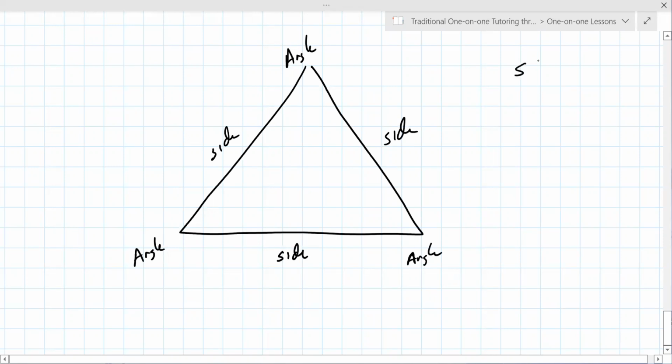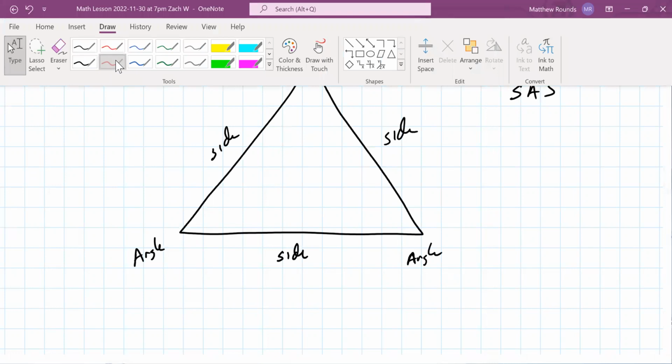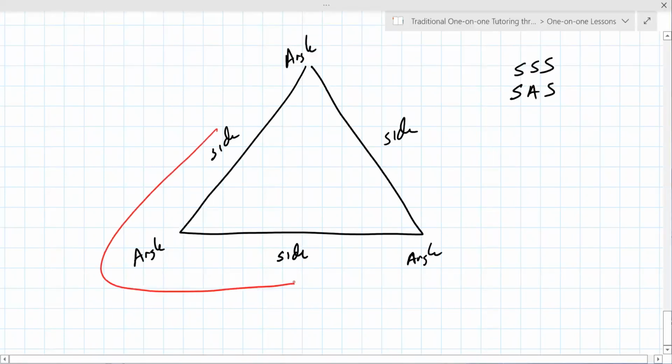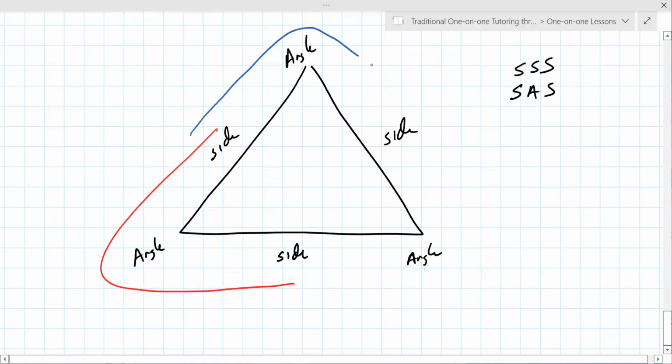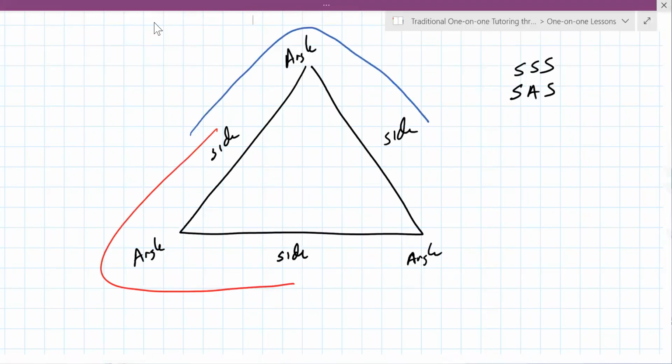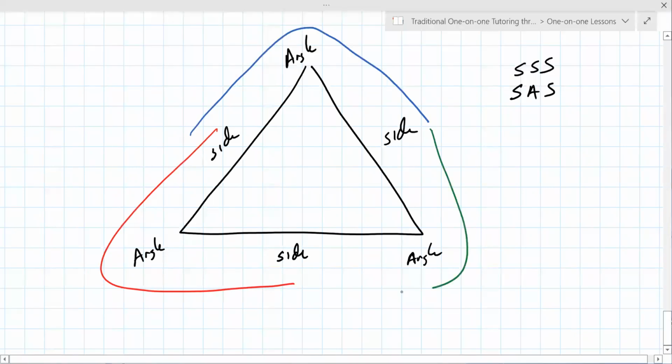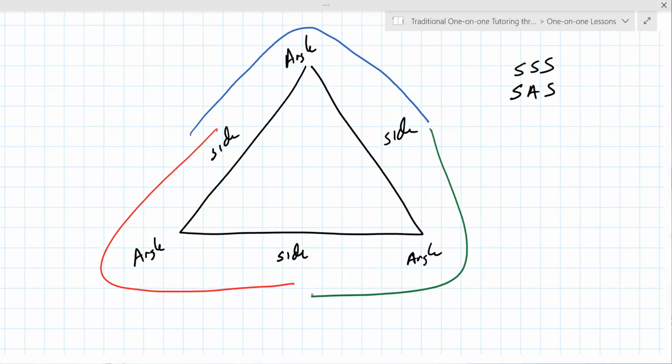Okay, so for SSS, it's the three sides. That's no big deal. But when it comes to side angle side, you only have certain paths that you could talk about. It's either that path, side angle side, or it's this side angle side up here, or it's the side angle side down here.